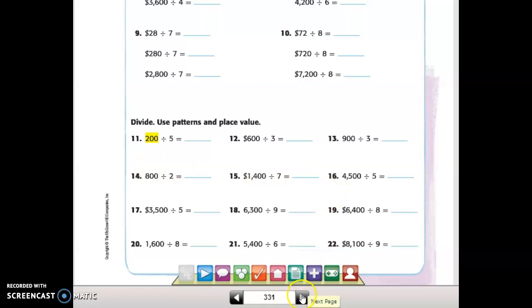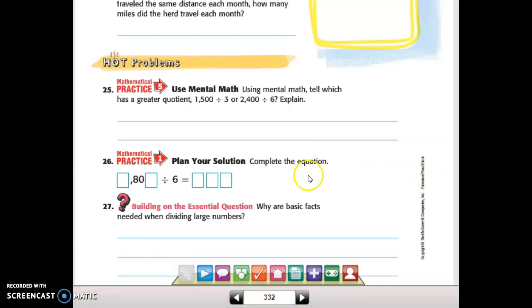I also wanted to point out number 26. This is an awesome one. And I hope we get more like it because it's a good stretch your brain activity, building those synapses. So you've got 6, and you know you're going to have to do 6 times something is going to get you this number over here. And given that we're doing place value, it's pretty safe to assume that that might be a 0.